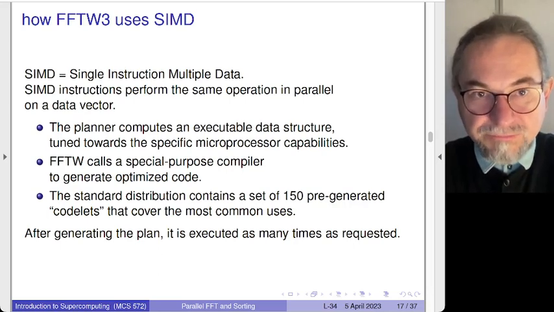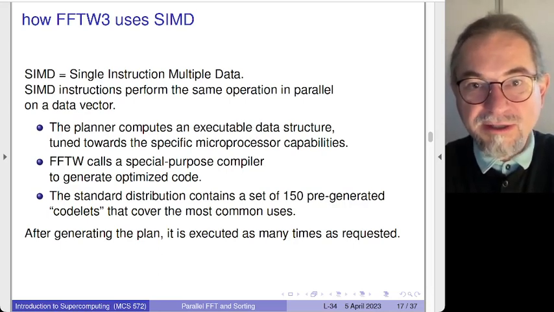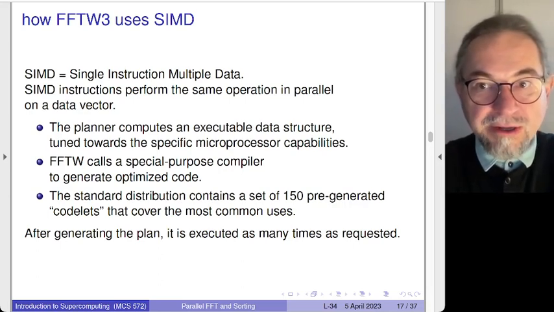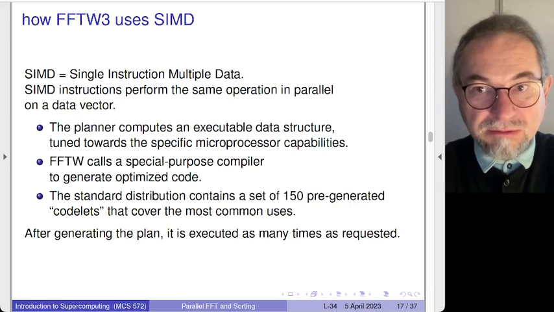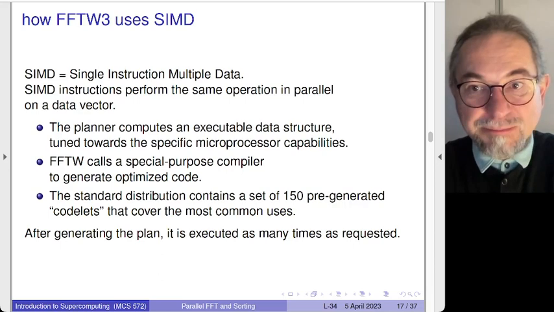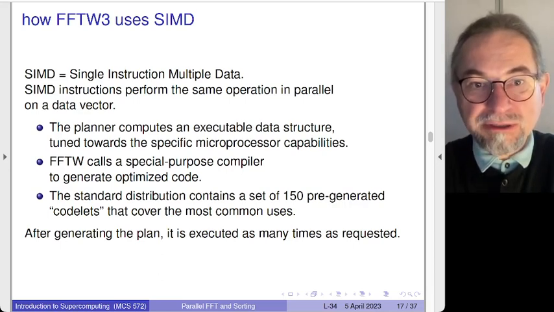Okay, so I will list the main reference at the end of this lecture. Here is what I got from why the Fast Fourier Transform is so efficient. In a nutshell, it generates what are called codelets. It generates code specific for the type of processor.